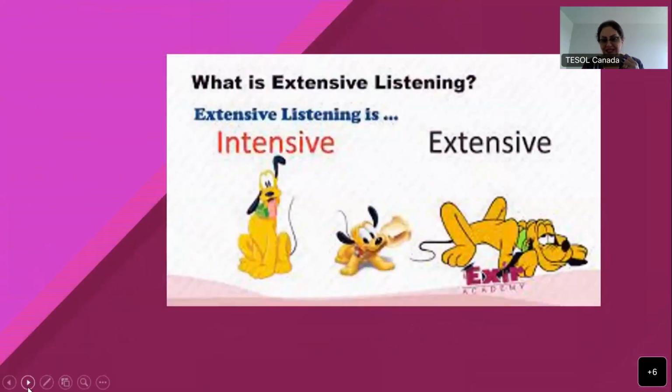So what's next? It depends. Are you working on intensive listening or extensive listening? Okay? So there are two listening formats in that class: intensive listening and extensive listening. What's the difference between intensive and extensive? What's different?